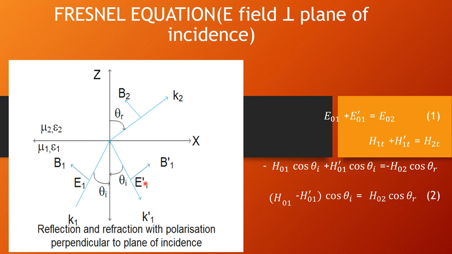E1 dash is perpendicular to the plane of incidence, and B1 dash is directed along this, which is also perpendicular to the direction of wave propagation, and field vector E2 is also perpendicular to the plane of incidence.